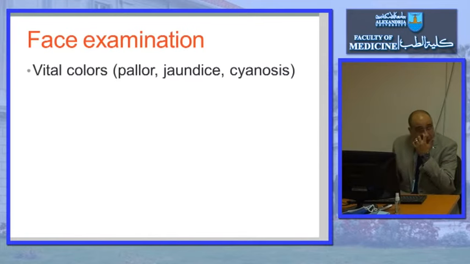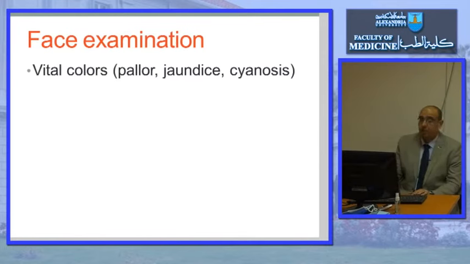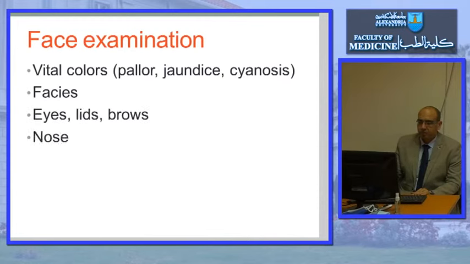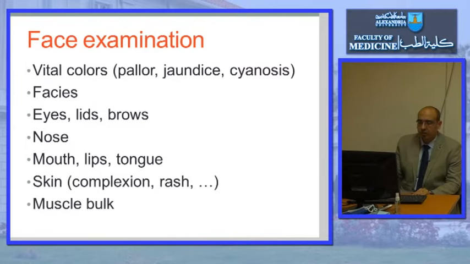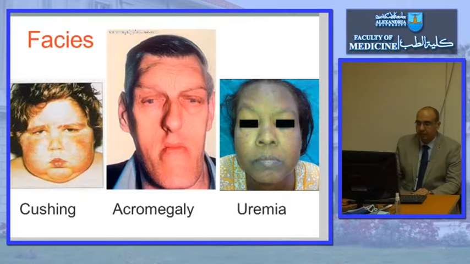Face examination, what is important for us to comment on is vital colors, pallor, jaundice, and cyanosis, features, eyelids and eyebrow, nose and mouth, lips and tongue, and skin, and muscle, and salivary gland.